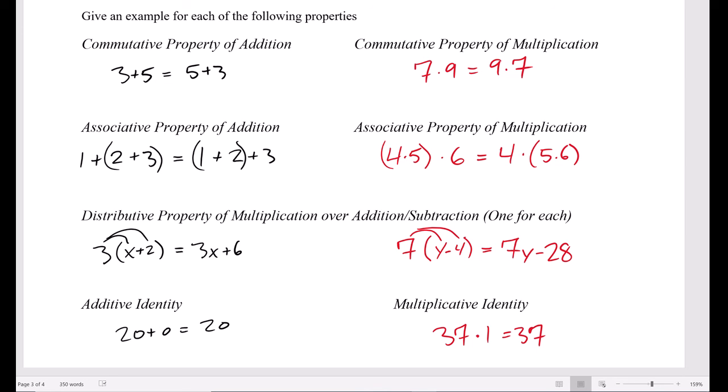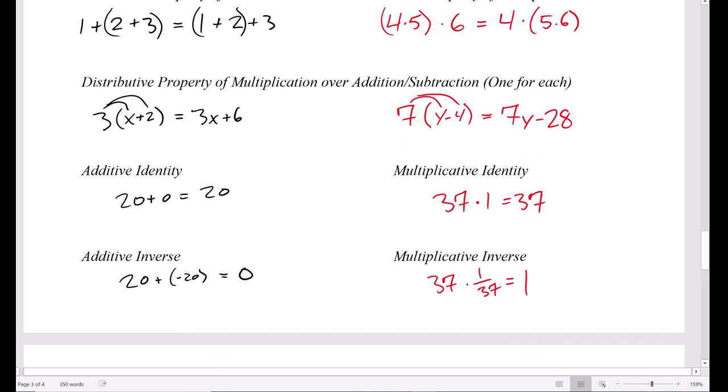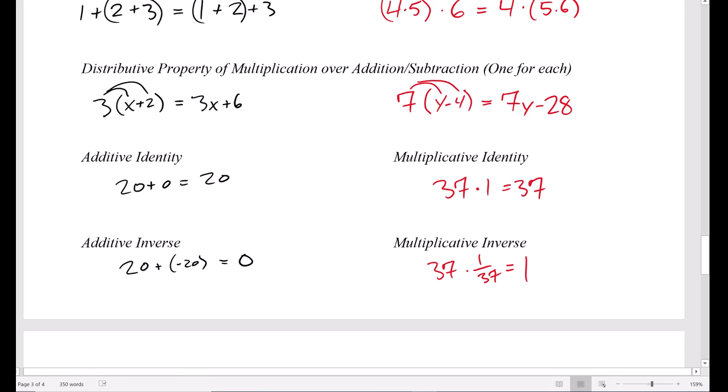In my second example, this one has subtraction, but the idea is still the same. Distribute the 7 to both terms. I have 7 times y, which is 7y. I have 7 times 4, which is 28. We still have the subtraction in between them, so I end up with 7y minus 28. The additive identity is 0. So if I add 0 to any number, I get the same number.